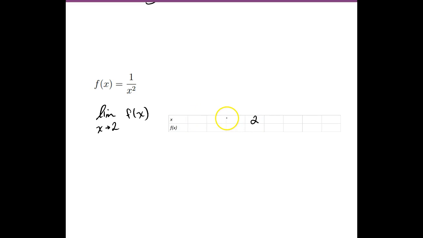So again, being really conscious, I want to get close to 2 without actually reaching it, and I was trying to think of answers that would change. So maybe going with 1.9, 1.99, 1.999, and 2.001, 2.01, 2.1. So you'll notice a pattern in terms of decimals as to what you're working with.